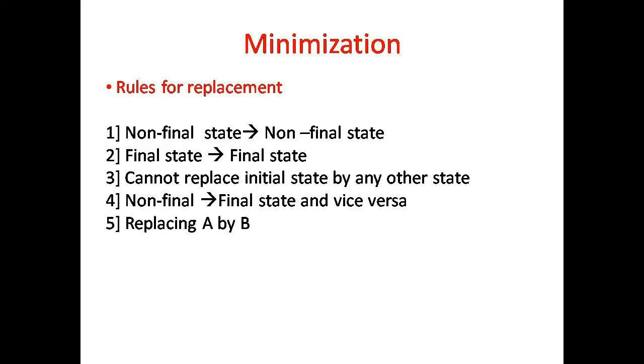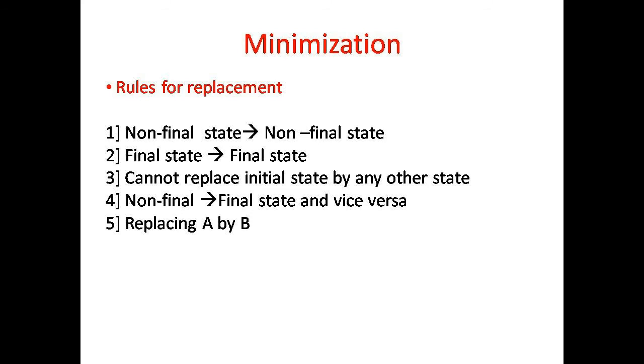Now in this example we can minimize the state table. There are some rules of minimization. What is state equivalence? When two states Si and Sj, excited by the same input sequences, yield identical output sequences, then these two states are said to be equivalent.